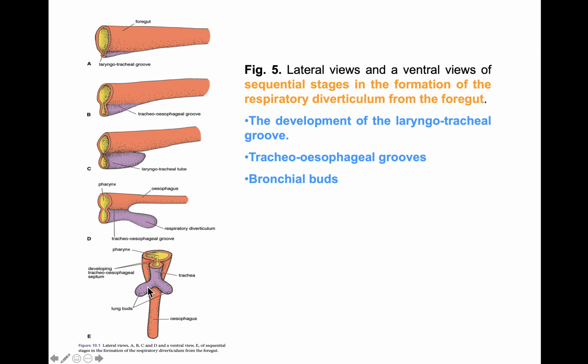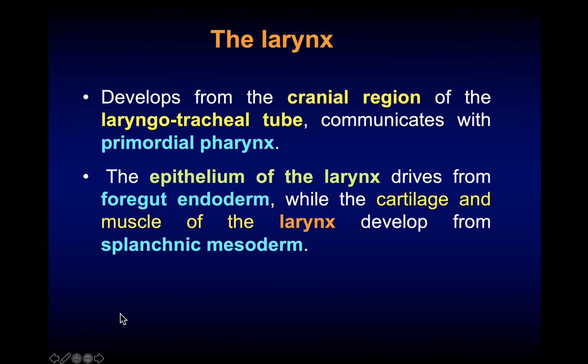We can also see that the caudal portion is going to be divided into two structures. It almost buds off from this tube, and this will result in the formation of the bronchial buds, which are going to form the two lungs.